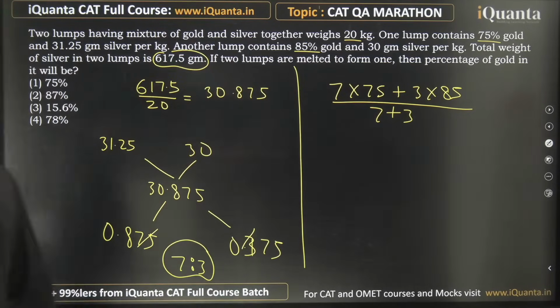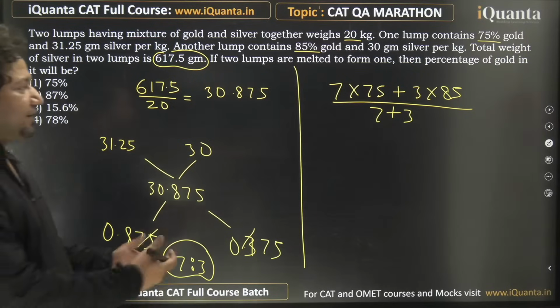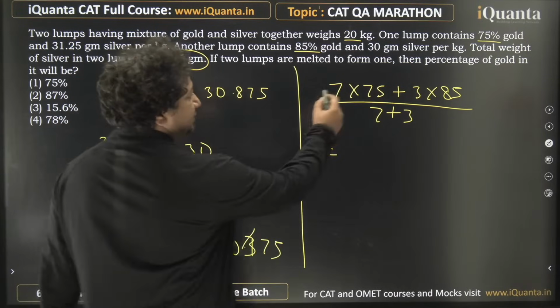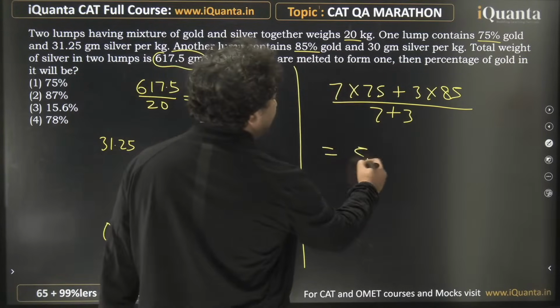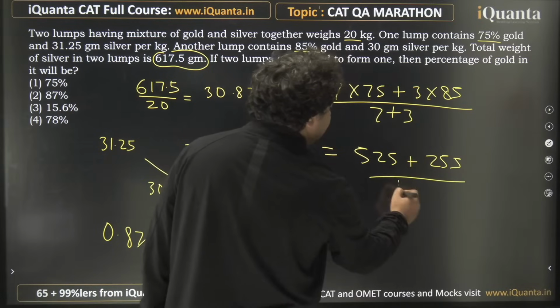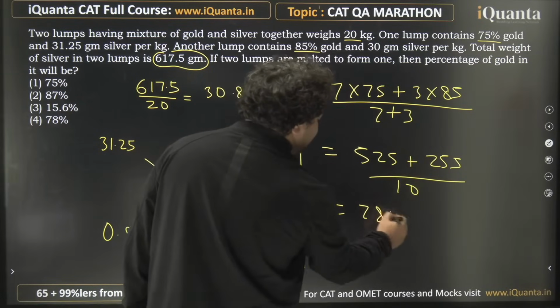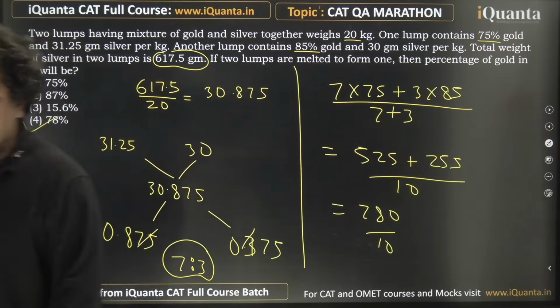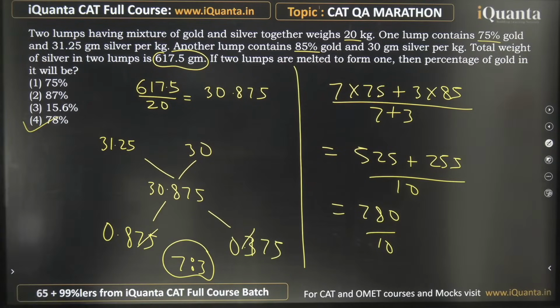This is basically a shortcut technique in which we don't have to use any kind of equations, and we can get the value correctly. So if you solve it, how much do you get? 525 plus 255, whole upon 10. If you add them, you'll get 780 upon 10, that is 78. So the answer is 78%. Okay, so how many of you solved it this way?